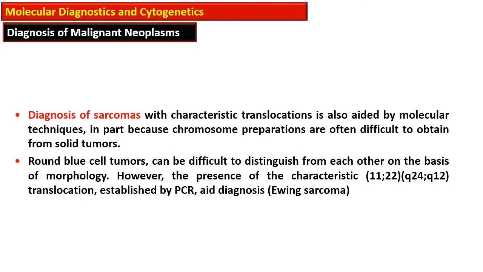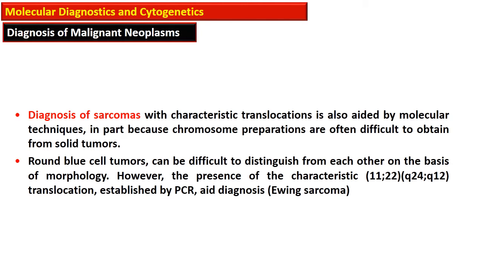These round cell tumors have a small blue cell appearance like lymphocytes, and in many areas of the body they exhibit the round blue cell tumor, such as lymphoma, Ewing sarcoma, medulloblastoma, oat cell tumor of the lung, and neuroblastoma.